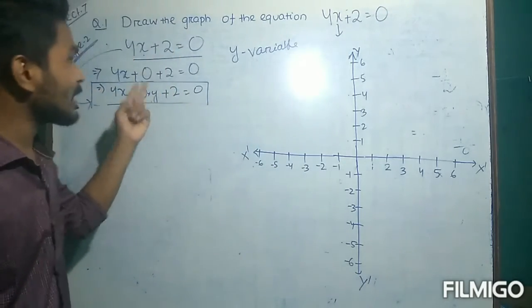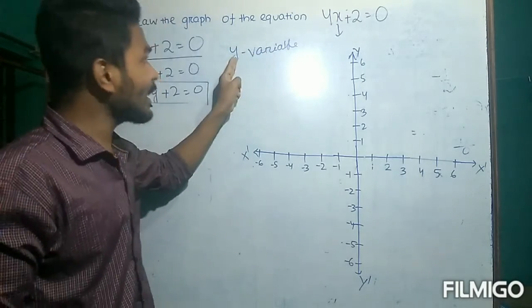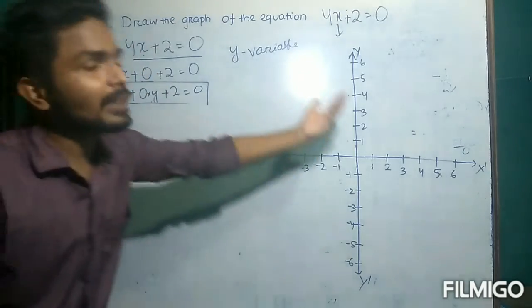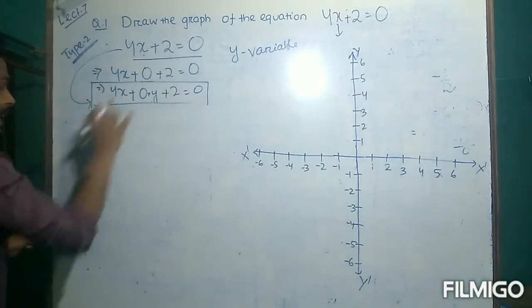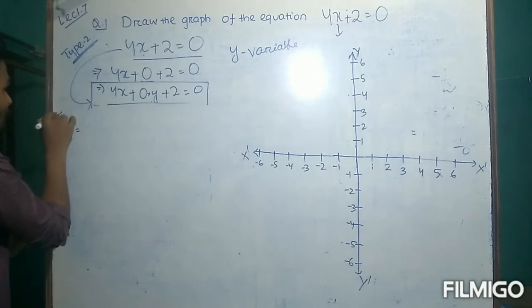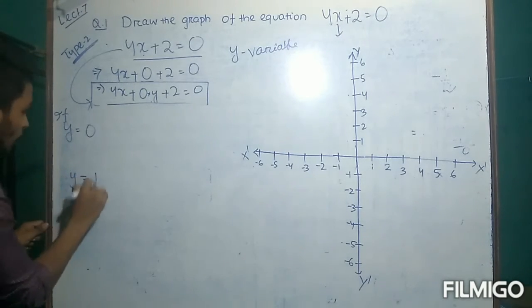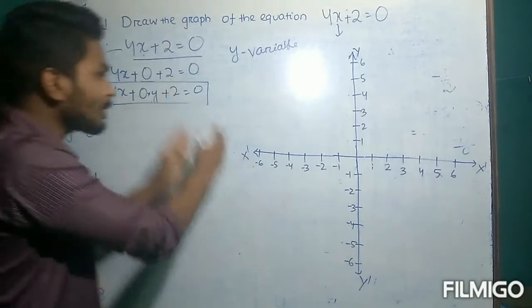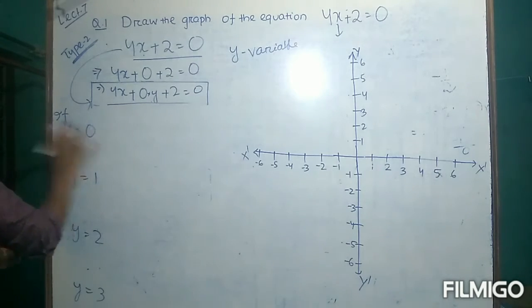But in such cases, the variable which is missing, you have to take different values of that variable and find the values of x. That means in this case, you have to put different values of y, like y to be 0, y to be 1, y to be 2, y to be 3, and find the different values of x.